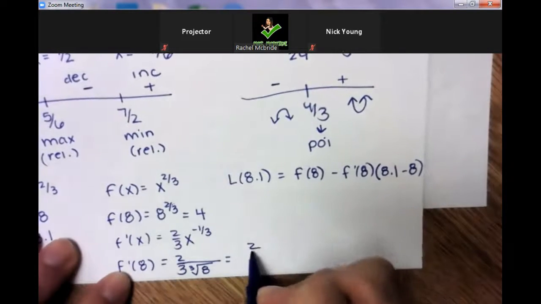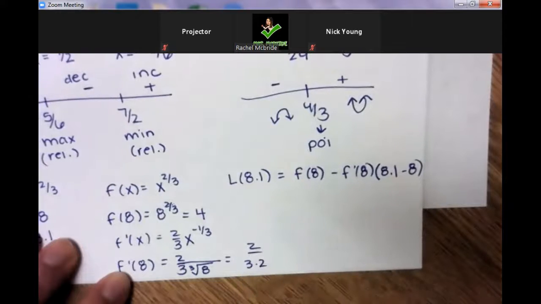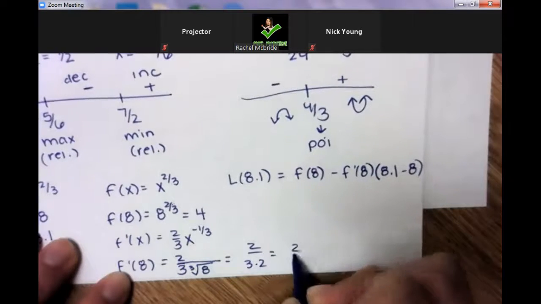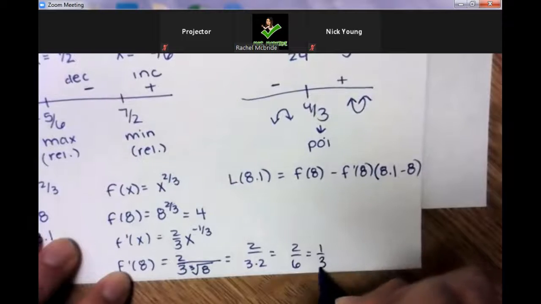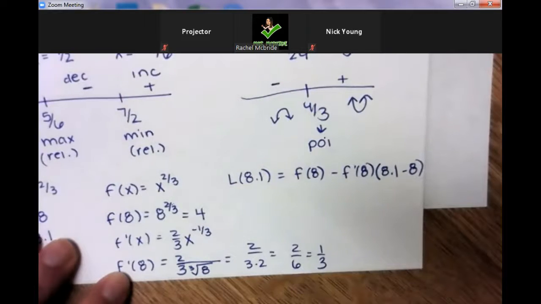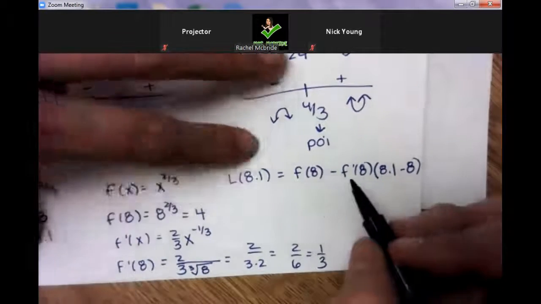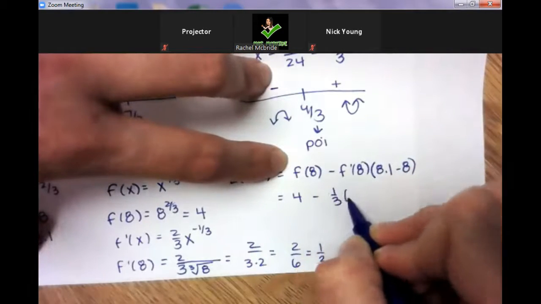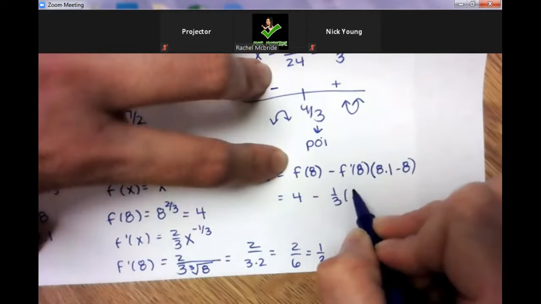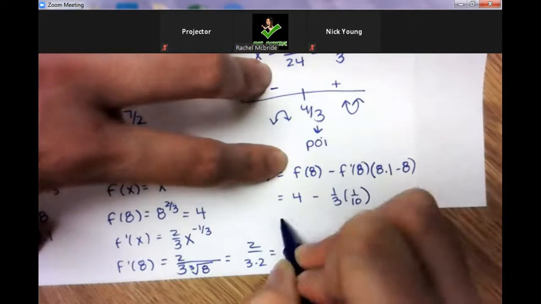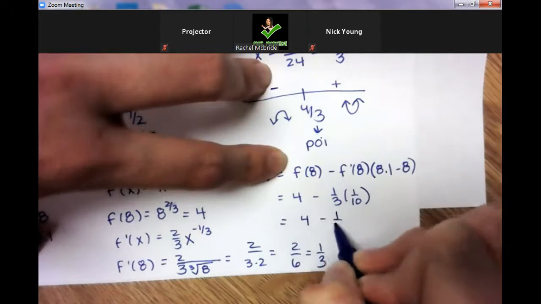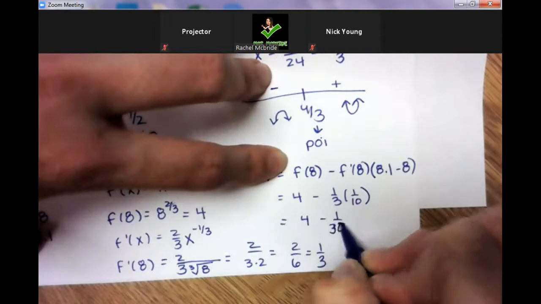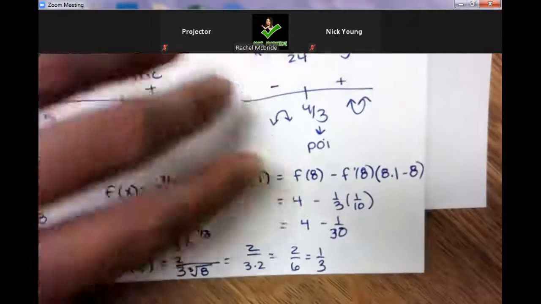So you get 2 over 3 times 2, or 1/3. So it's 4 minus 1/3 times 0.1 or 1/10, which is 4 minus 1/30th.